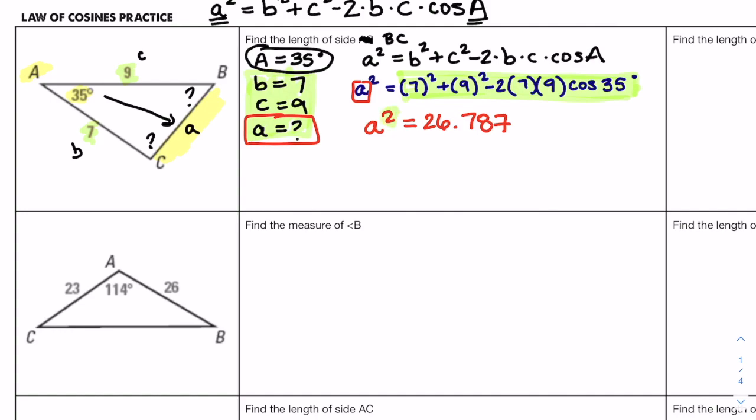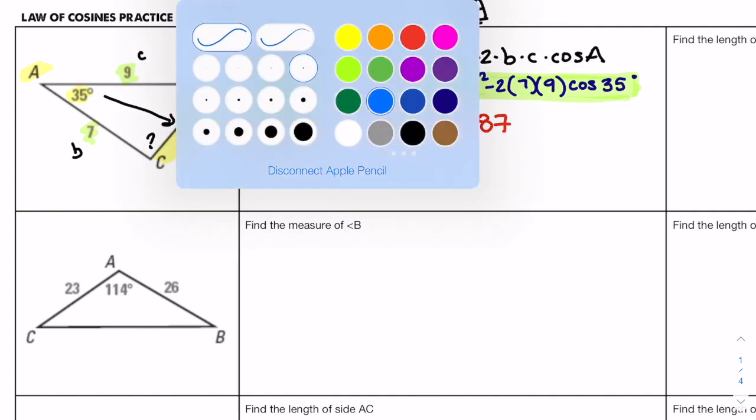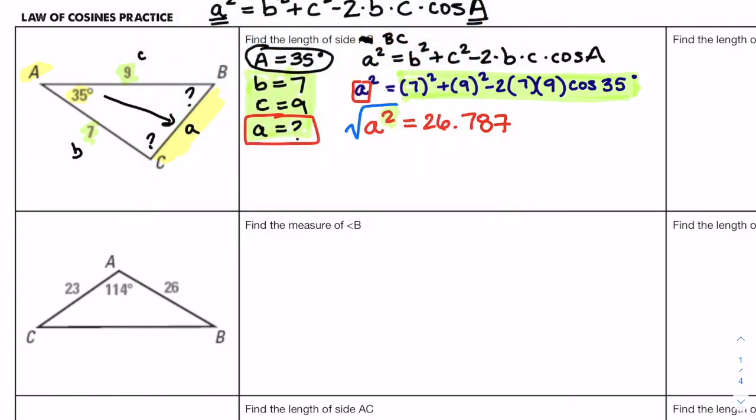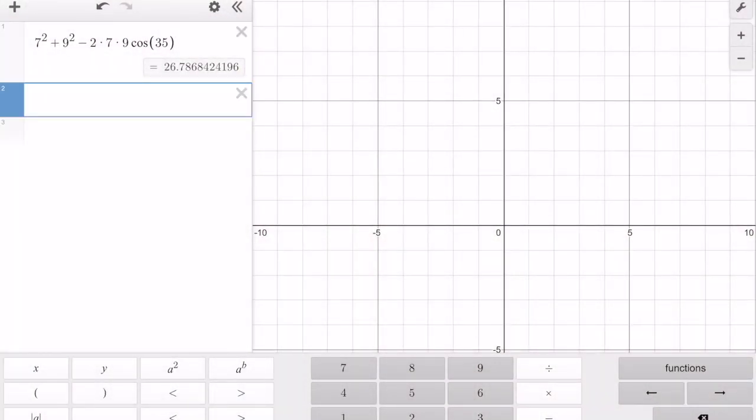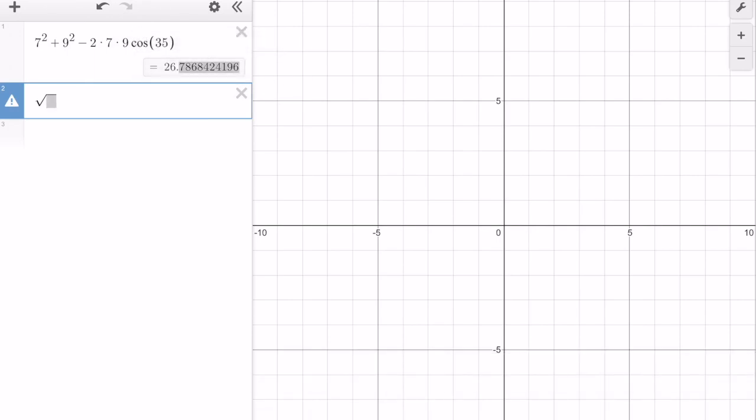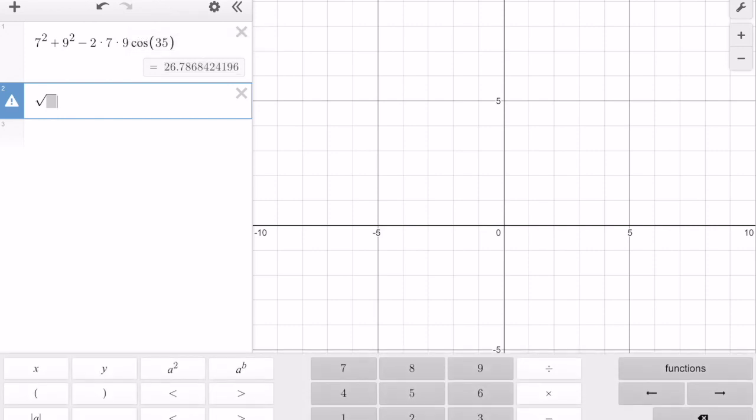Okay, but if you notice, this is a squared. I don't want a squared. So how could I get rid of that square? Hopefully in your head you're screaming, take the square root. And so that'll give us a better approximation of a. So let me go back to Desmos and square root this number. 26.7868424196.